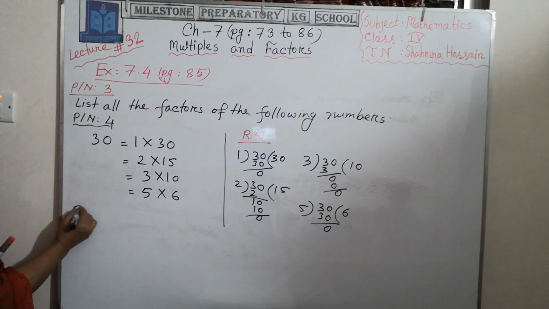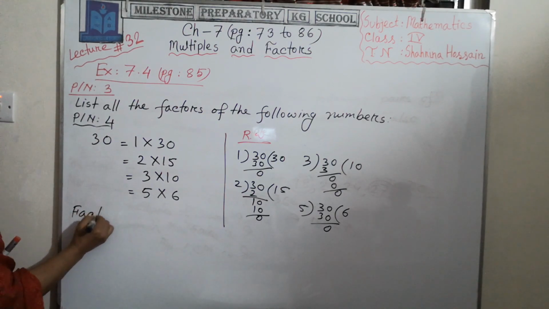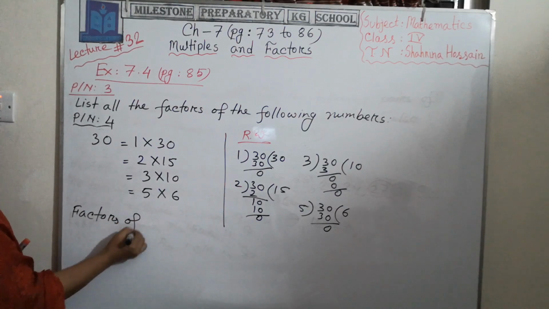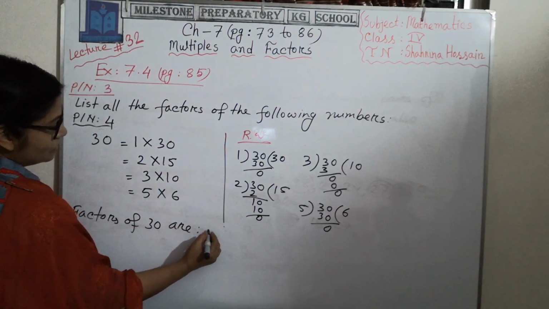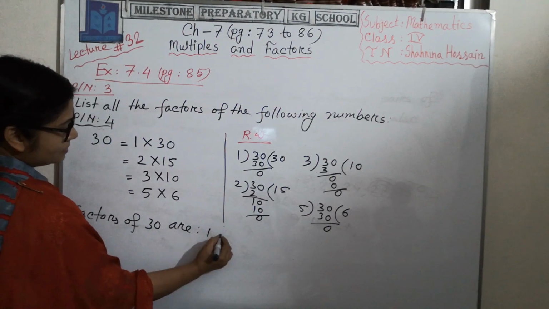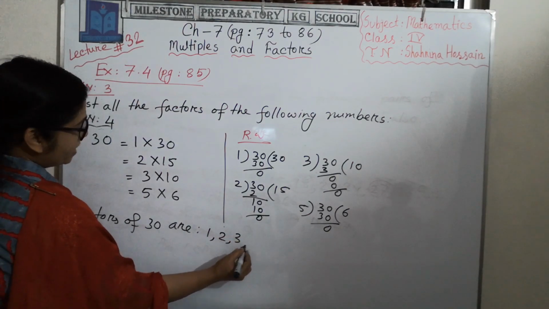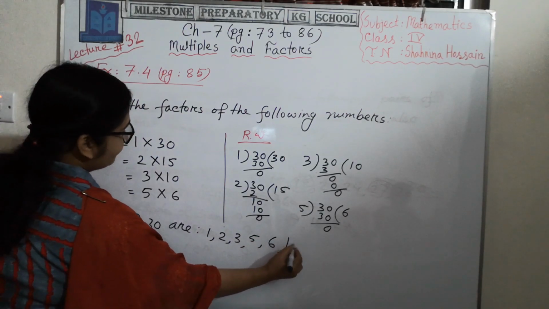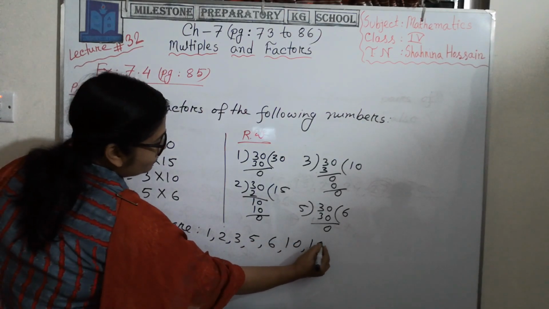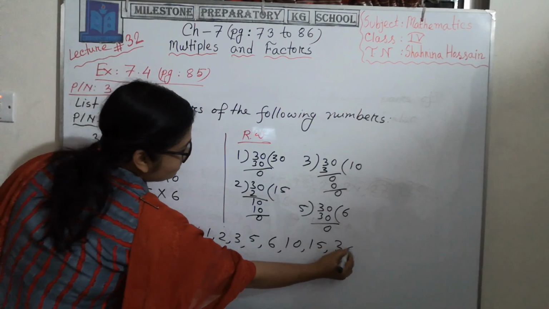So factors of 30 are 1, 2, 3, 5, 6, 10, 15, and at last 30.